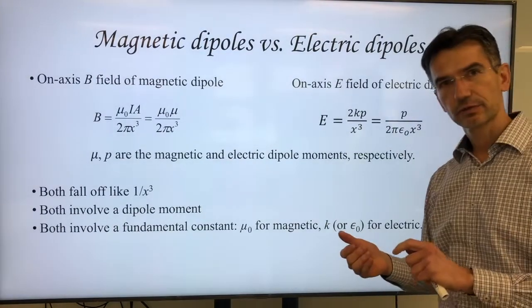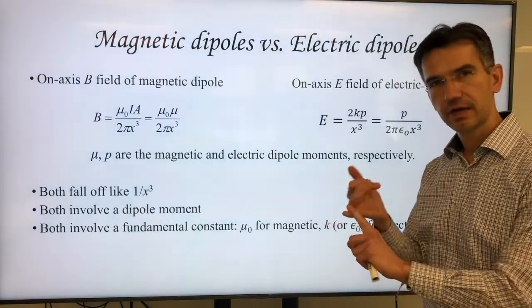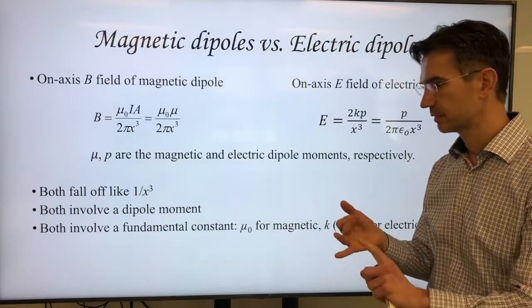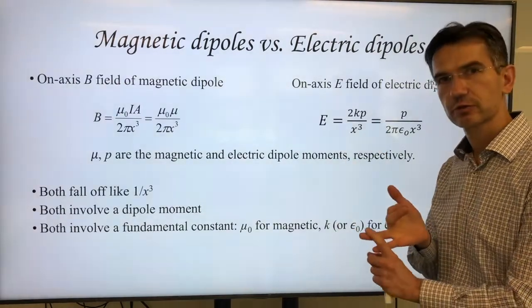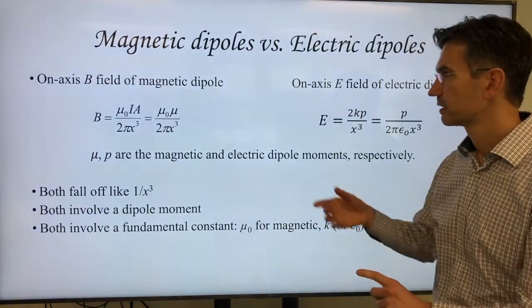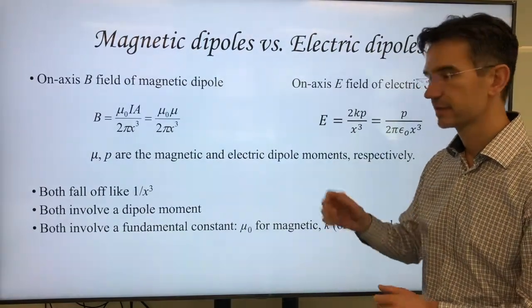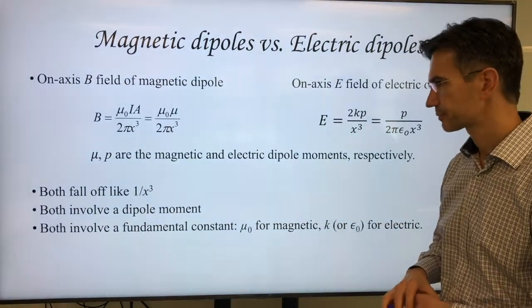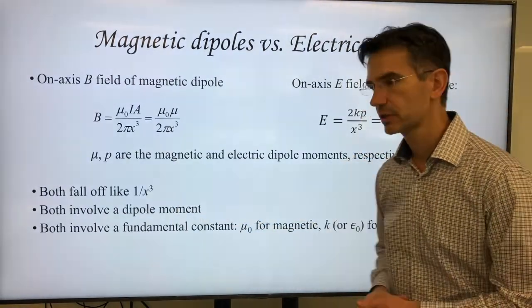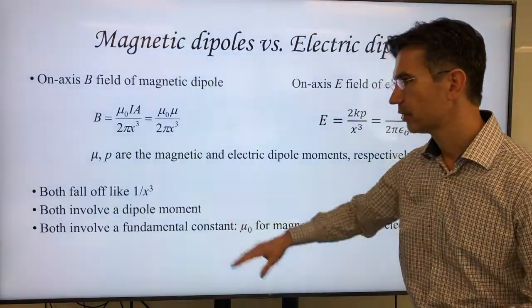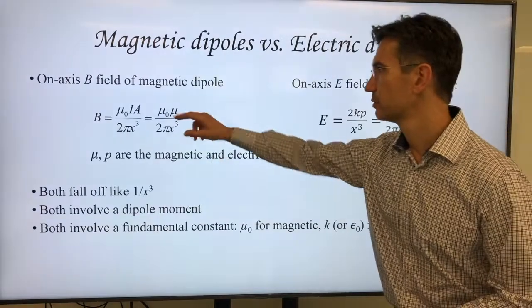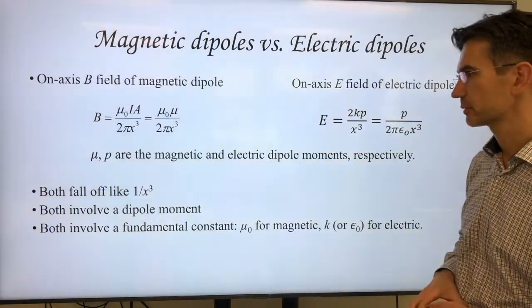So again, to recall, the field of a line falls off as 1 over distance. The field of a point electric charge goes as 1 over distance squared. The field of a dipole goes off as 1 over distance cubed. So both fall as 1 over distance cubed. They both involve a dipole moment, mu or p. They're both proportional to it.